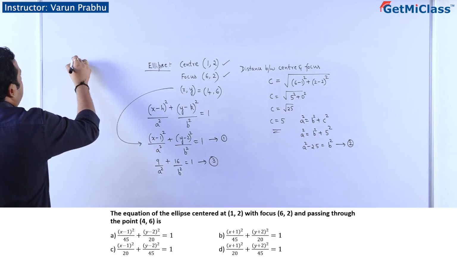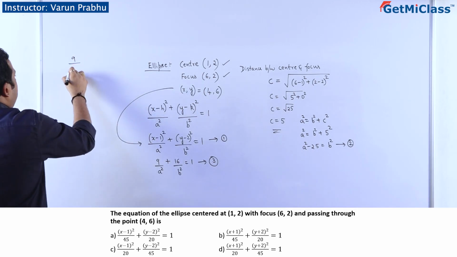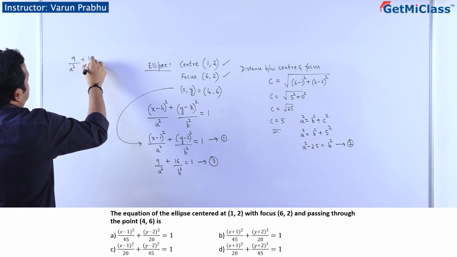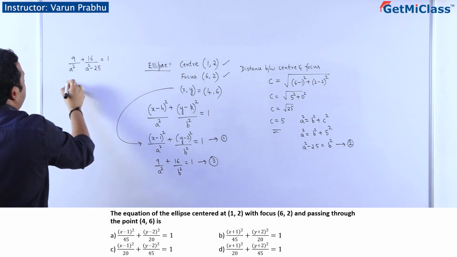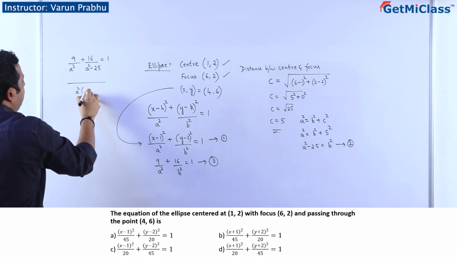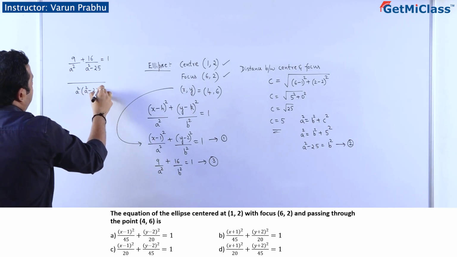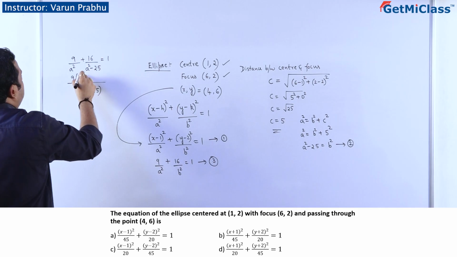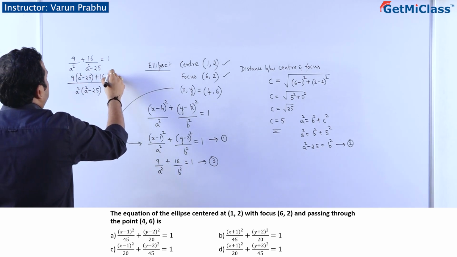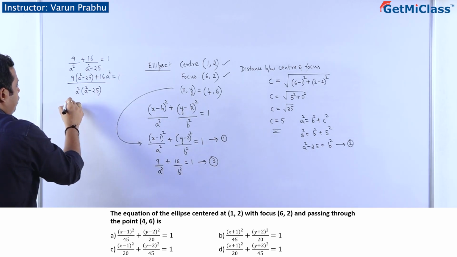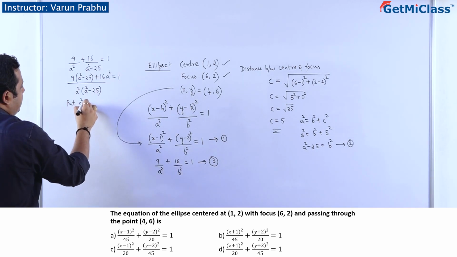So I can say 9 divided by a square plus 16 divided by a square minus 25 is equal to 1, correct? Multiplying by a square into a square minus 25, that is 9 into (a square minus 25) plus 16 a square, equal to a square into (a square minus 25). So put a square is equal to k.